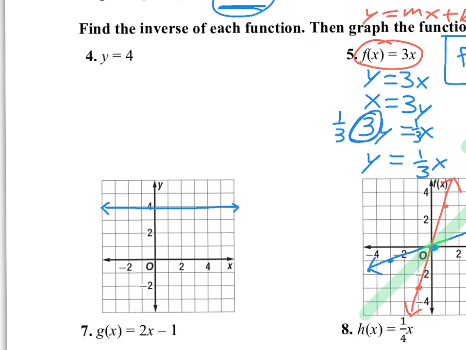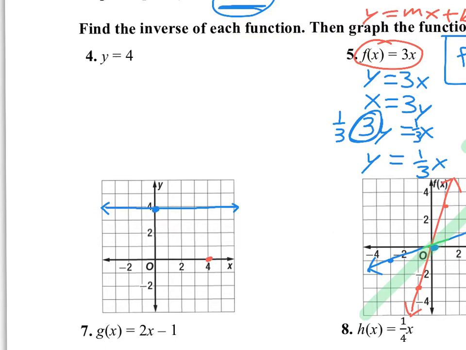So going back to number 1. Number 1, we just took coordinates and then we said the inverse is where x and y trade places. So pick any 2 points on the line that we just made. So if I pick this point, 0, 4, so the inverse of 0, 4 is 4, 0.